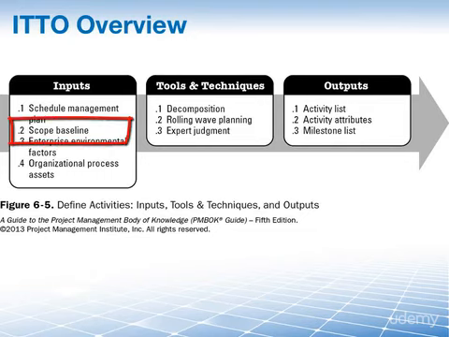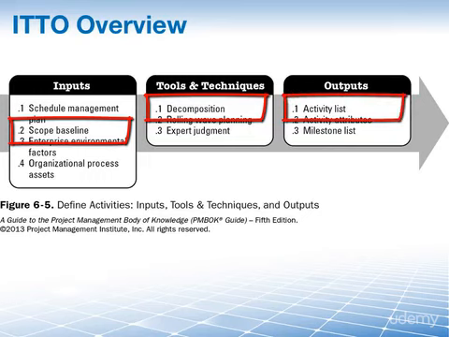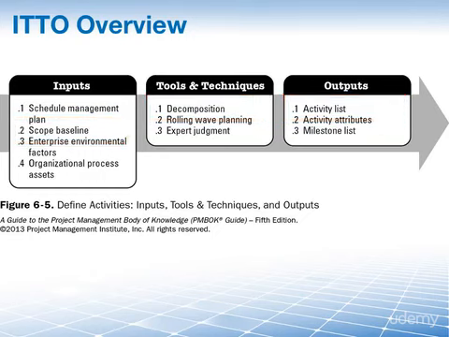So, our primary input is the scope baseline that contains the WBS. Our primary tool and technique is decomposition that allows us to break down the WBS. And our primary output is the activity list, all the things we need to do in order to complete our deliverables.